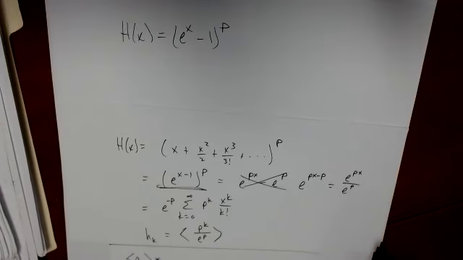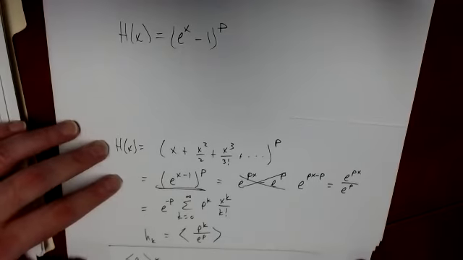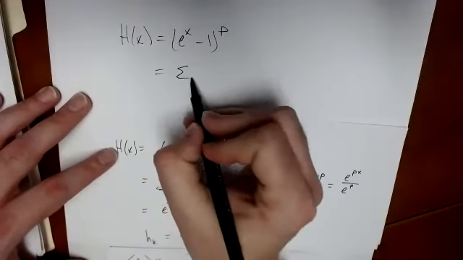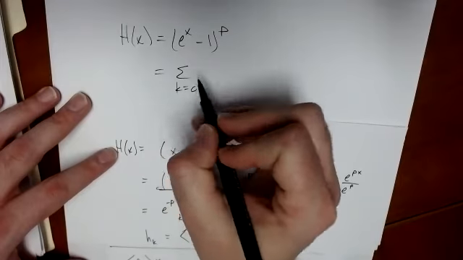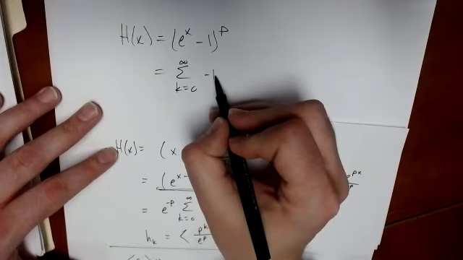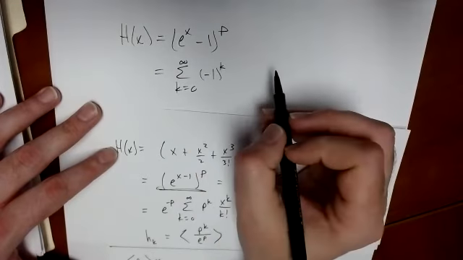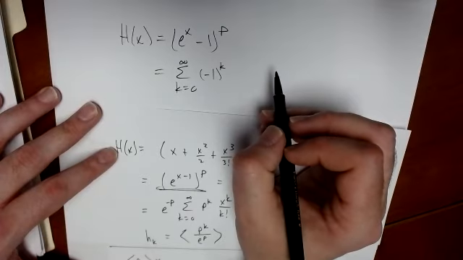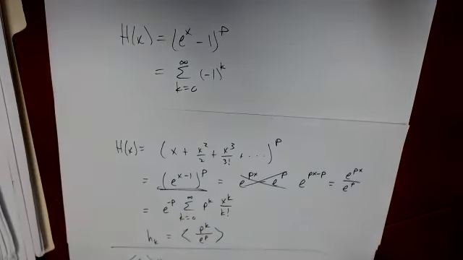Let's see. Now, I think I need to use the binomial formula in order to get my generating function. So this is equal to the sum as k goes from 0 to infinity of (-1)^k. Is that right? Hang on.